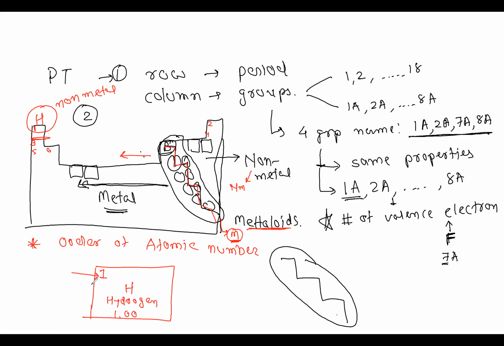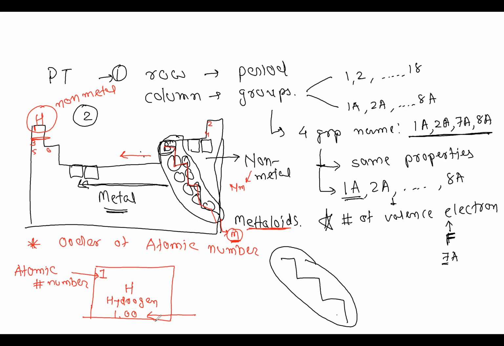The number that you see, which is a whole number, could be 1, 2, 3, 4, 5, 6, 17, 18, whatever it is. The whole number, which does not have any decimal place, is called atomic number. The number at the bottom of each box in the periodic table always has a decimal place.